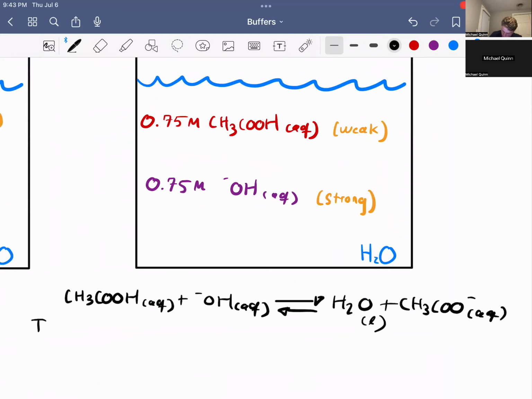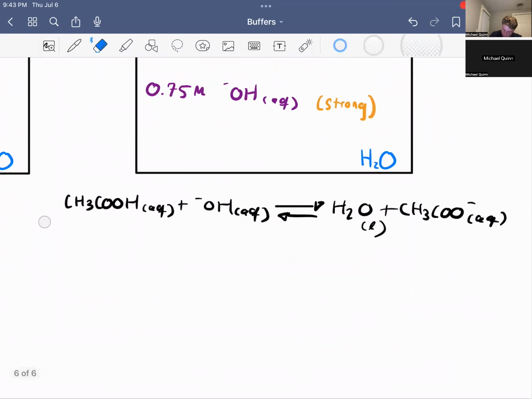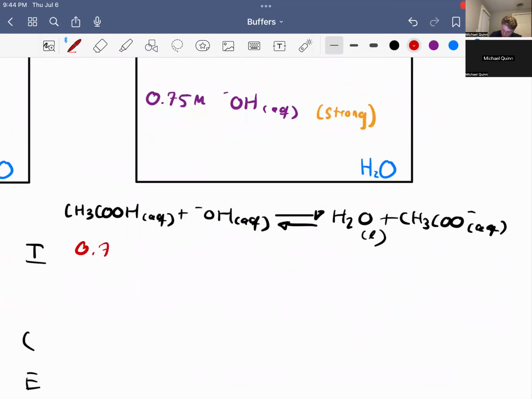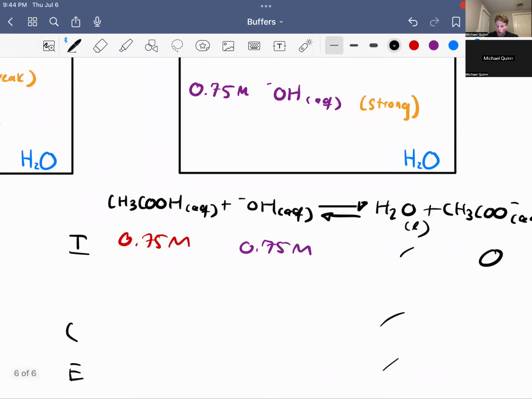If we draw an ice table, we can see we have 0.75 molar, 0.75 molar. We never include water. We have nothing of our conjugate base to start with. Now, remember, this is strong, so we can simply do limiting reagent. However, we have an equal amount.